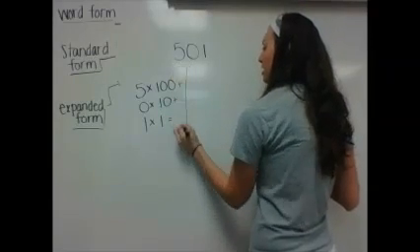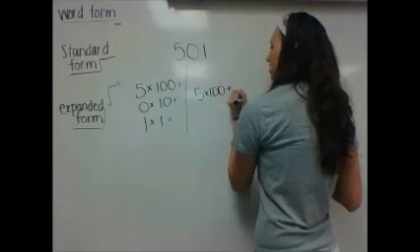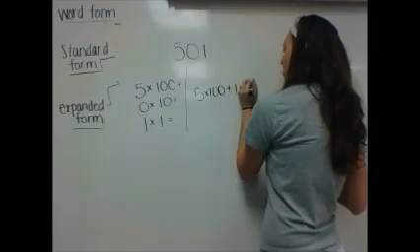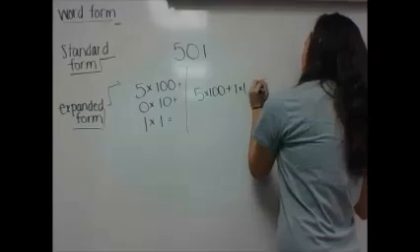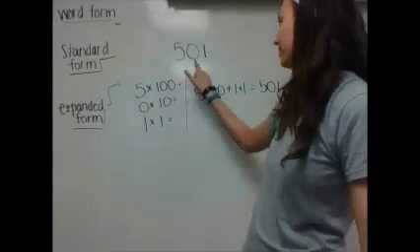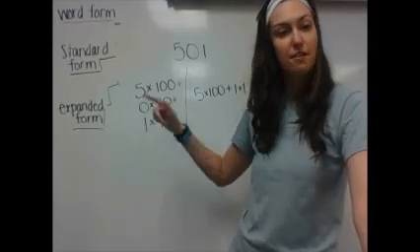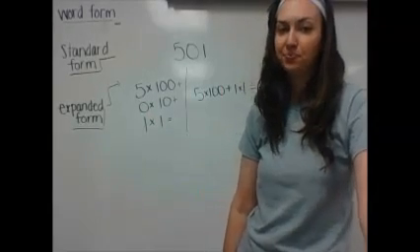You could just write it as 5 times 100 plus 1 times 1. And that would be your 501. So it's up to you on whether or not you want to add the zeros. If it helps you to add it in that place, it's totally fine. If you don't want to add it in, that's fine too.